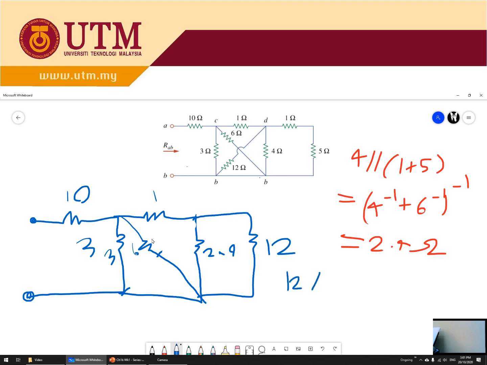So 12 parallel with 2.4 equals 12 plus 2.4 reciprocal, then reciprocal again.